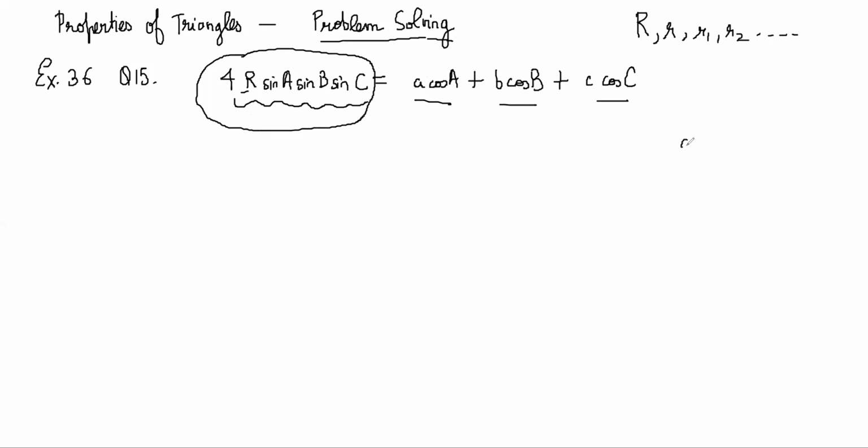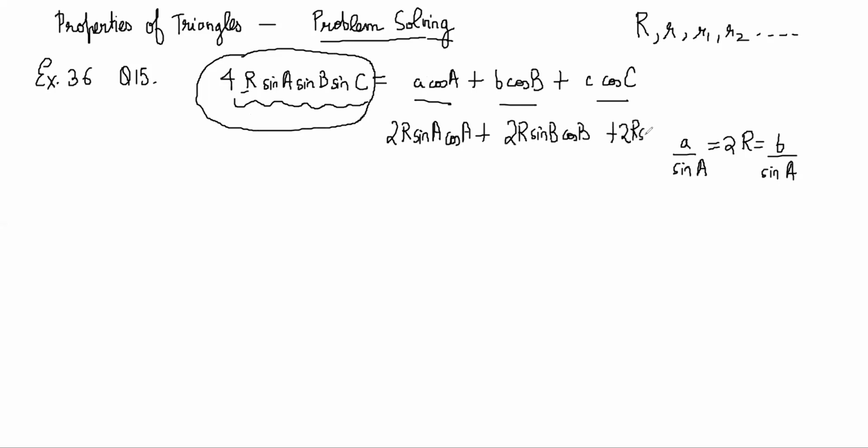Because a by sine A is equal to 2 capital R, which is equal to b by sine B and all. So instead of a, I will write 2 capital R sine A cos A plus 2 capital R sine B cos B plus 2 capital R sin C cos C, right? So this becomes R into sine 2A plus sine 2B plus sine 2C.